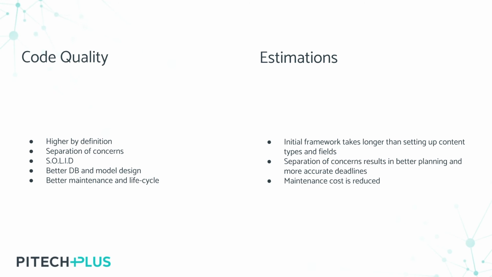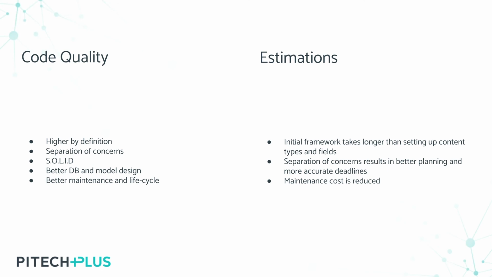Because we are using SOLID guidelines to write our code, we make our code more testable, which means that it will be less buggy, but also more scalable as well. And if you have client evolutions, then you can plan for them with a lot more precision. And better maintenance and lifecycle of the project. This is the result of everything that I just said before.